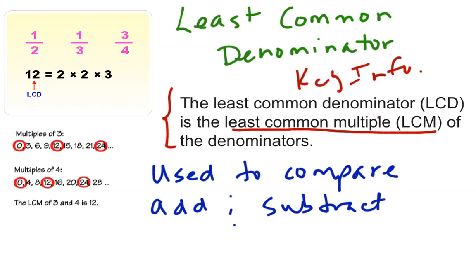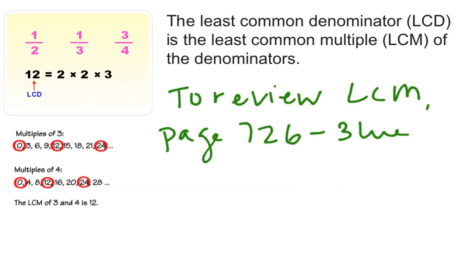Now, if you cannot remember how to calculate a least common multiple, you can go a couple of places. So I'm going to turn the page here. Let's say you can't remember how to calculate the least common multiple. A multiple is the bigger number, so the multiples of 2 would be 4, 6, 8, etc. They're bigger numbers when you're multiplying. 3 would be 3, 6, 9. If you can't remember how to figure out those numbers, in the blue textbook you can go to page 726.